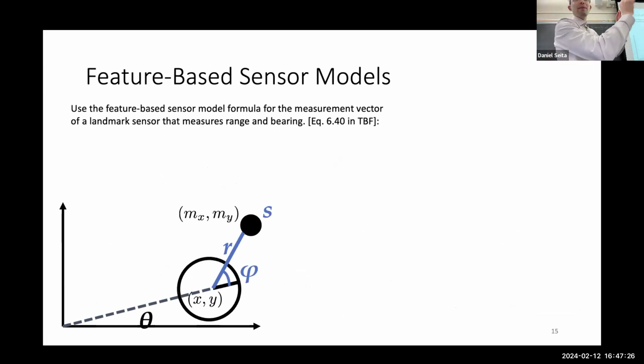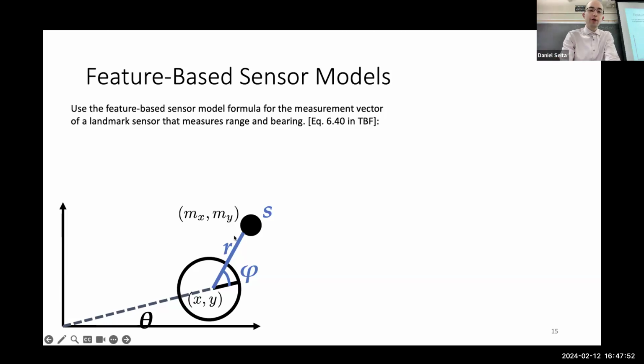So this is how to mathematically derive what you just saw on the last slide. Our circular robot is somewhere on a 2D plane. S is some signal about the measurement, about the landmark.